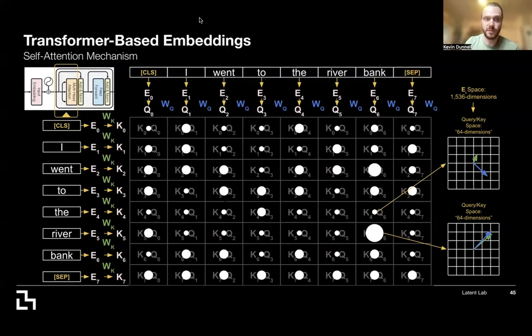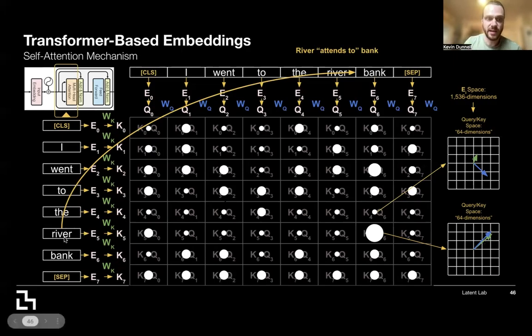And so in these examples where we get a very large dot and the vectors are aligned in this lower dimensional space, we can refer to this as the token river attending to the word or token bank.